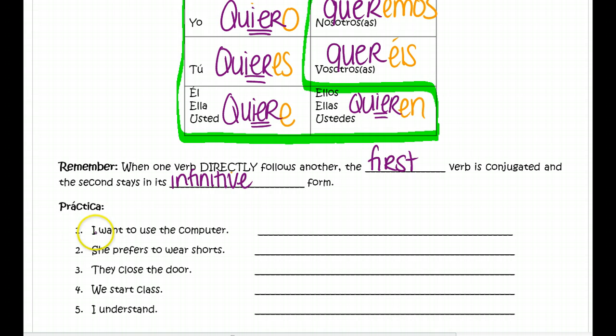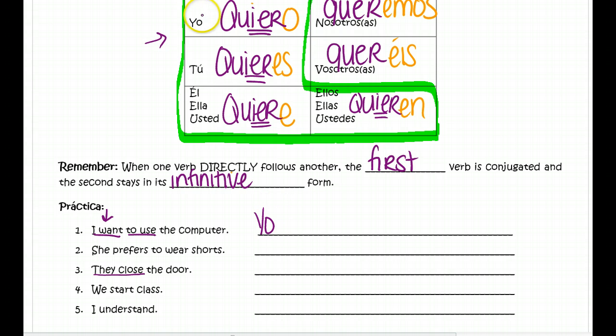For example, I want to use the computer, that's two verbs. You'll only conjugate the first verb. But then in one such as they close the door, we only have one verb, so you just conjugate your verb and finish your sentence. So let's do number 1 together. We're going to start with I want. We know this verb here, querer, means to want. So we're going to put it in the yo form.